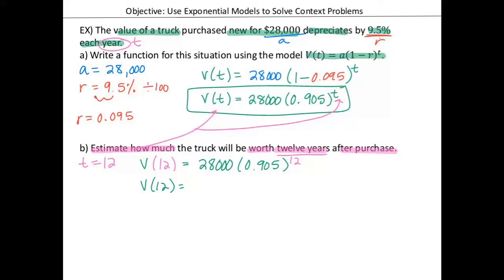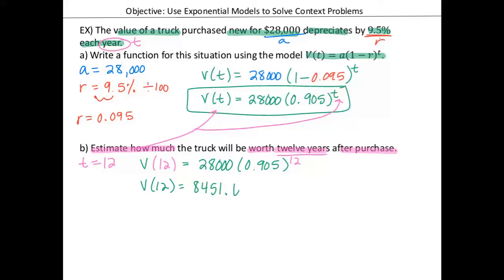And go ahead and share with your partner what did you guys get for your answer. Remember we're talking about money, so you wanted to round to the hundredths place, your cents. All right, let me call somebody. Alexa, what did you get for your answer? $8,451.63.